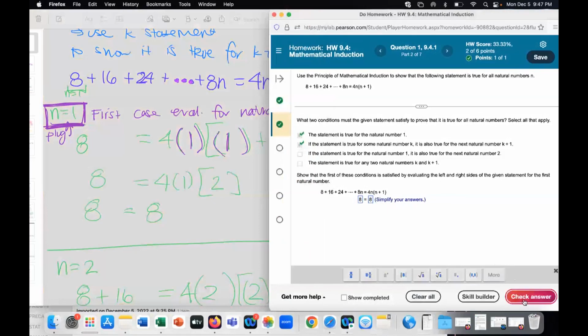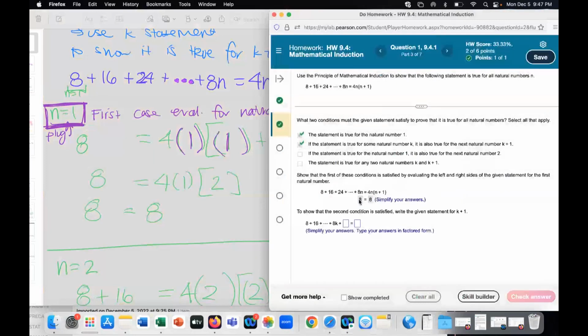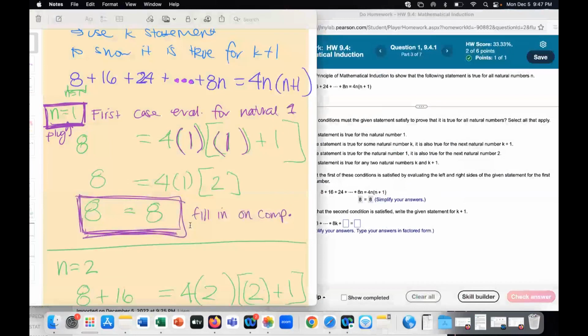And then we can go ahead and check that. All right? So they just want you to evaluate the expression you were given, or the statement in this case, because it's got an equal sign, 8 equal to 8, okay? Evaluate the expression on the left, the expression on the right, when n is equal to 1. So we're going to fill that in on the computer. That's that first box.